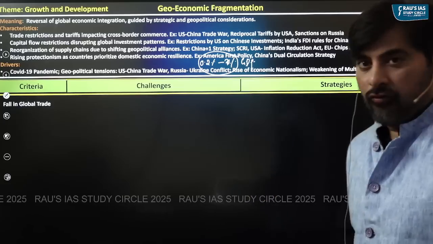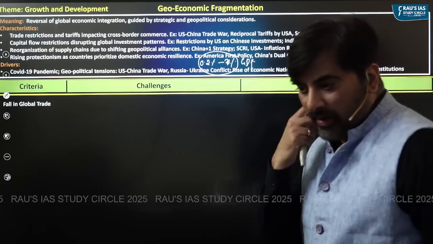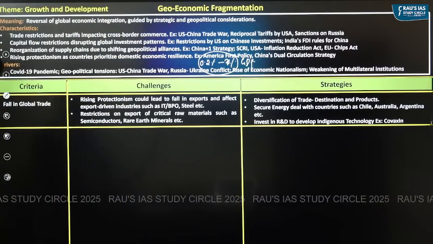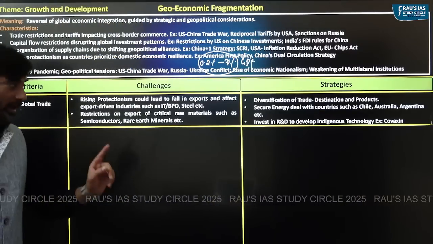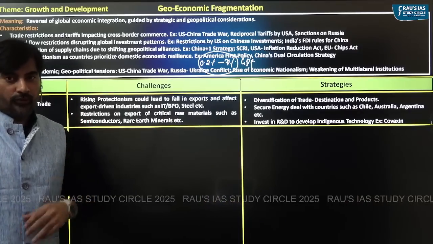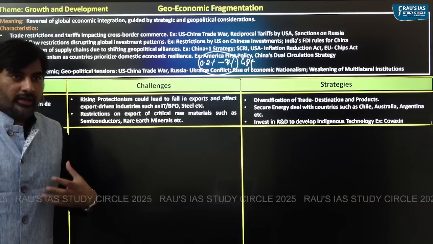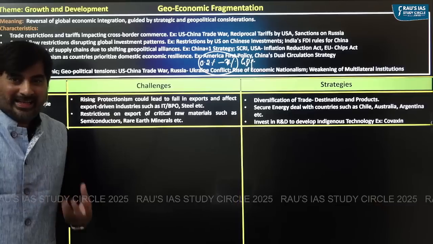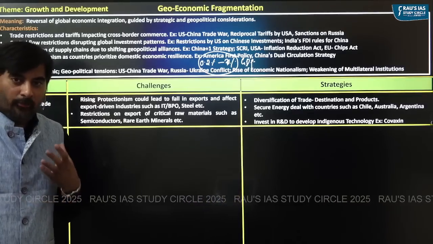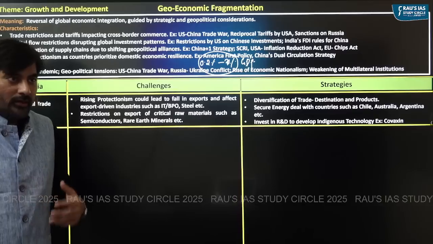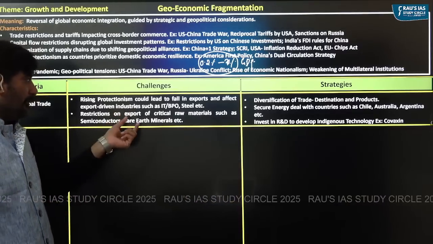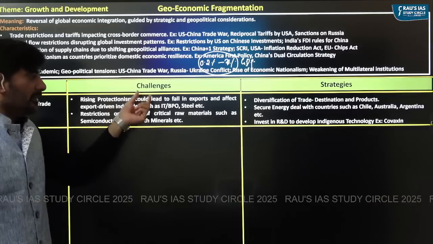Number one, obviously, a fall in global trade. With respect to the fall in global trade, problem number one is, if you look at the exports of India, our exports are already quite low. And we all know that India is majorly an importing country, right? Now the problem could get further accentuated because our exports could very well reduce.